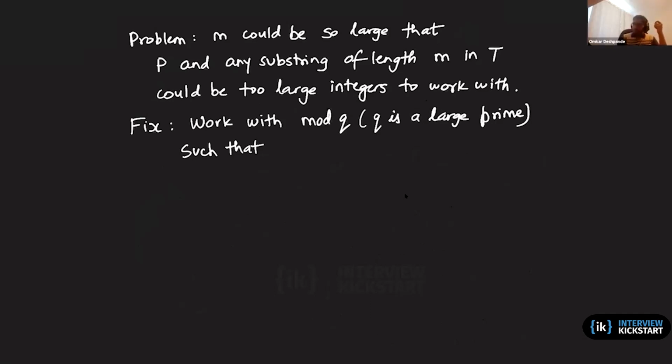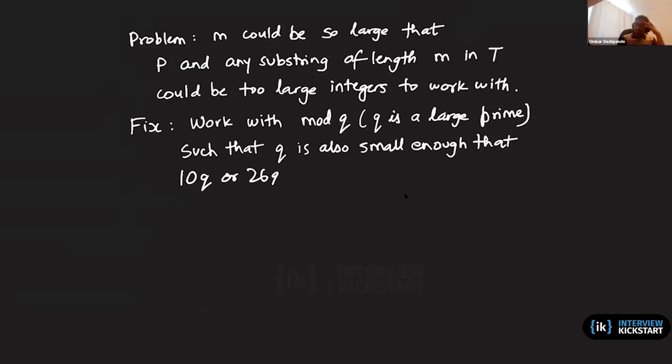So q is a large prime, but small enough that 10 times q, or you can say 26 times q, will fit within the maximum integer value, whatever the max int value is.